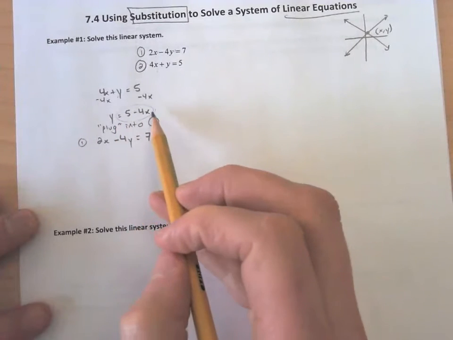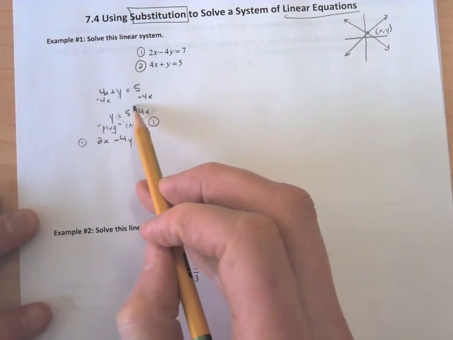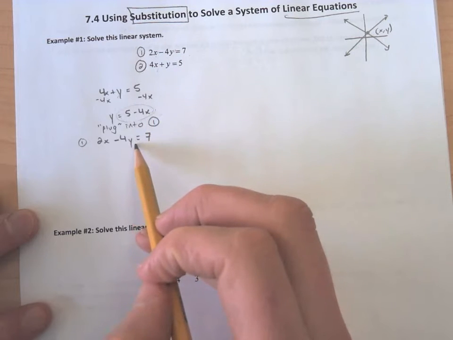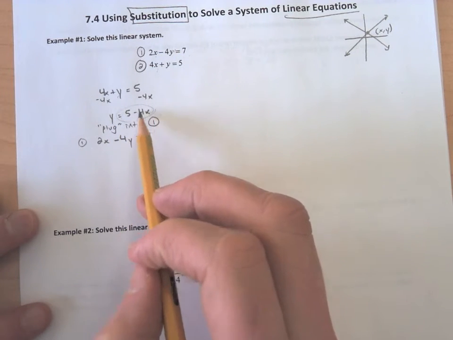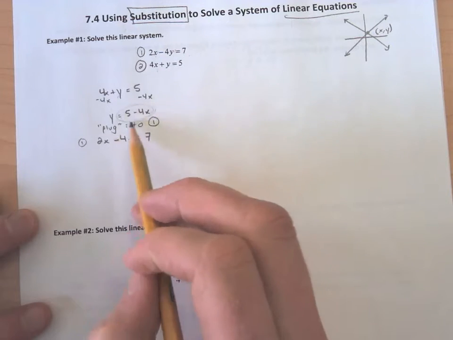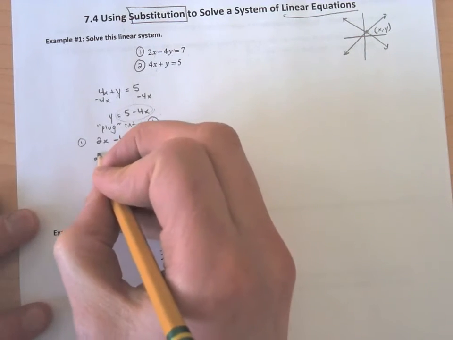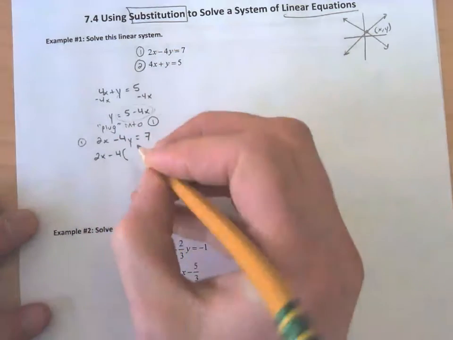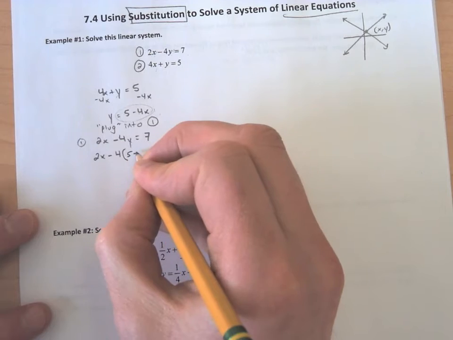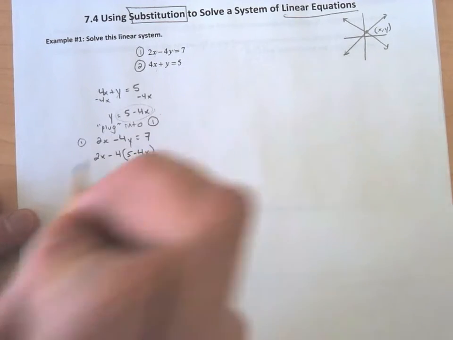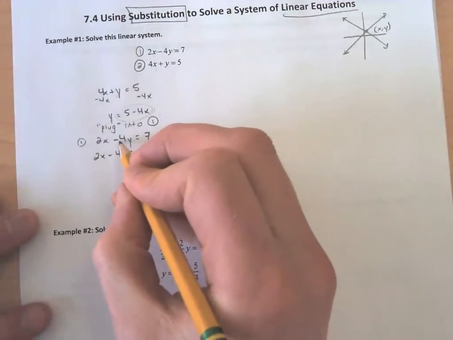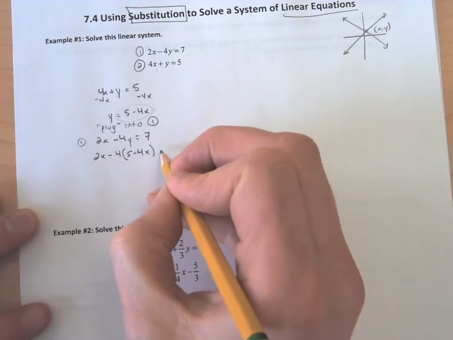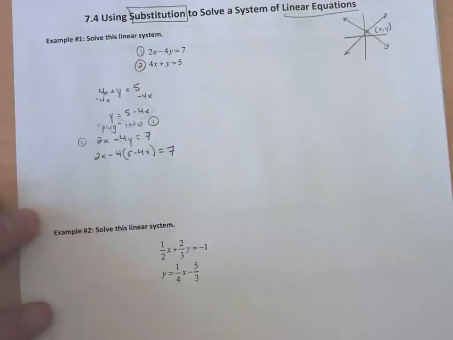And you take this whole right side of your equation, 5 minus 4x, and you put it instead of the y. So y is this, so instead of y, we're going to write that. Okay, so now we have 2x minus 4, and instead of writing y, we're going to put brackets, and we'll put that 5 minus 4x, like so. And then we finish this equation, equals 7. So now we have that.